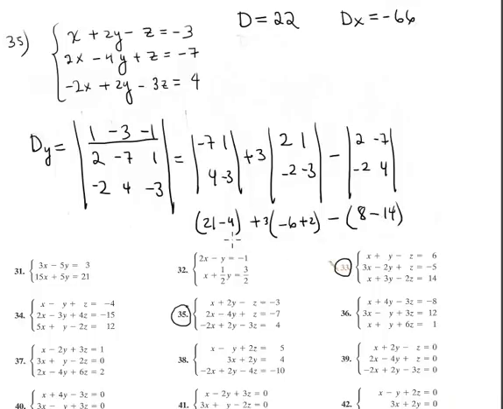So this is 17 plus this is 4 times negative 4 times 3 is negative 12, and this case is negative 6 plus 6. So it is obvious that it's 11. 5 plus 6 is 11. So dy is 11.